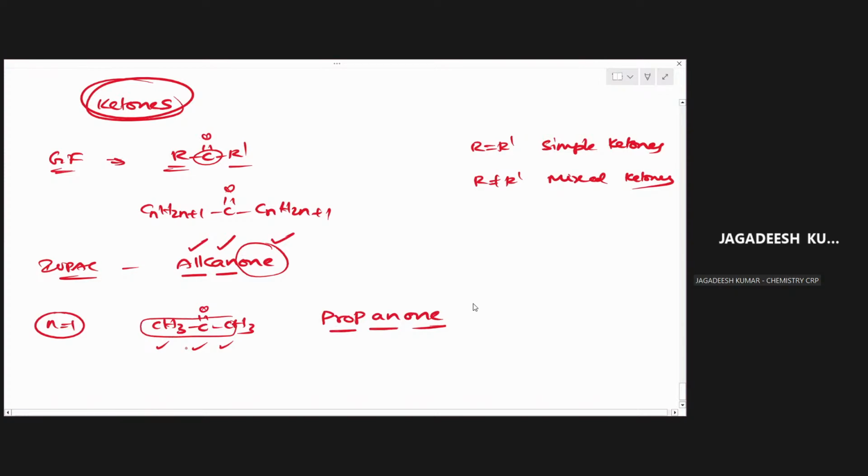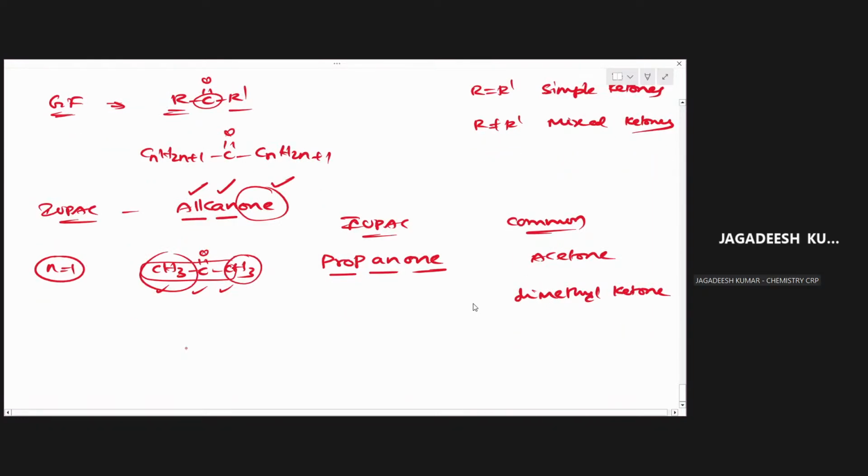This is the actual IUPAC name. But a common name is also there. The common name is acetone. Or sometimes we can also call this dimethyl ketone, because both sides have methyl groups. That's why dimethyl ketone.